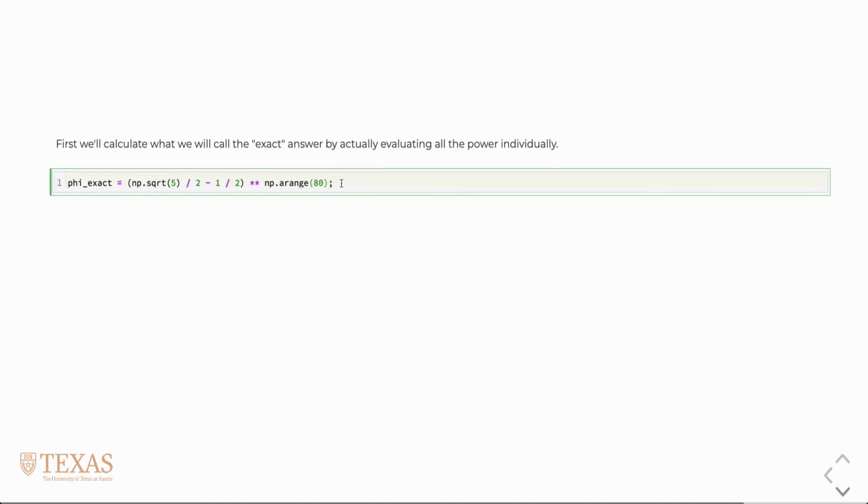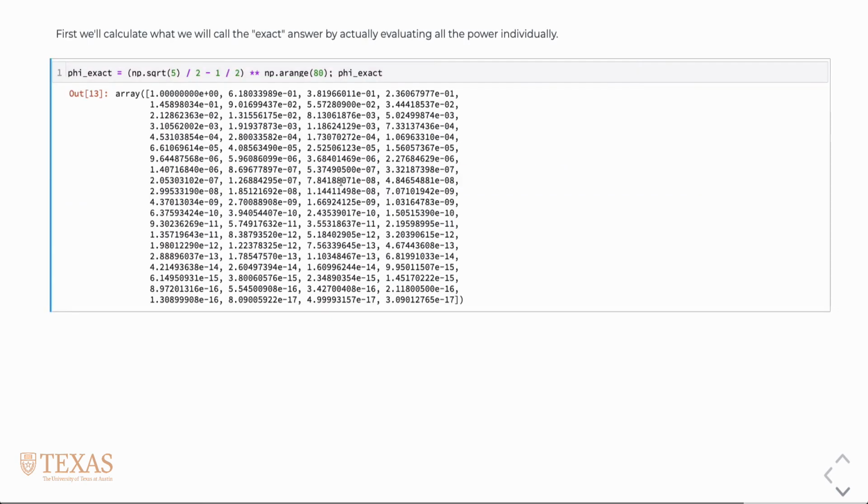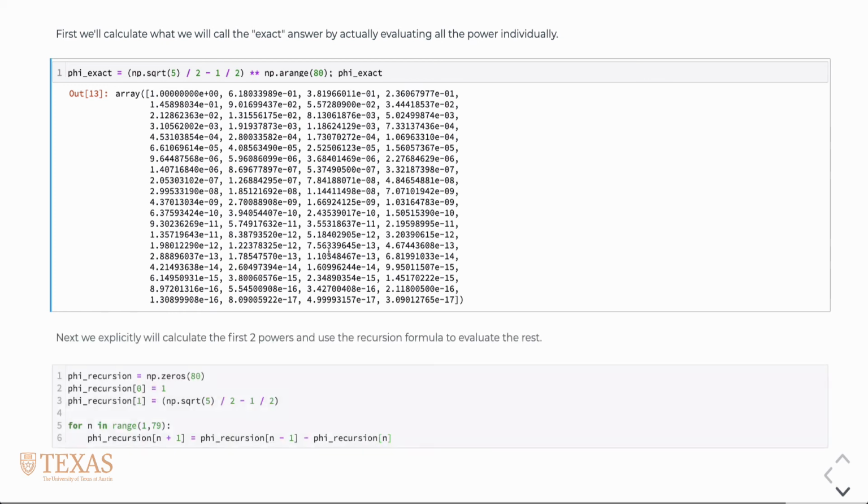And if you wanted to see exactly what that is, you could look at it like this. So there is our number again, so phi to the 0 power would be 1, phi to the 1 power would be 0.618, and again, just continuing on. So here we're not using the recursion relationship, but rather explicitly computing the powers using NumPy broadcasting.